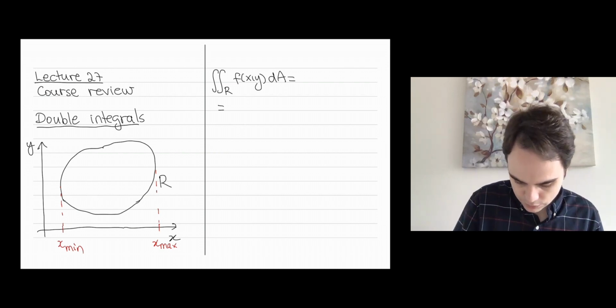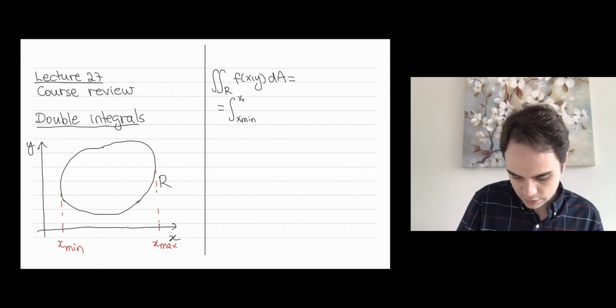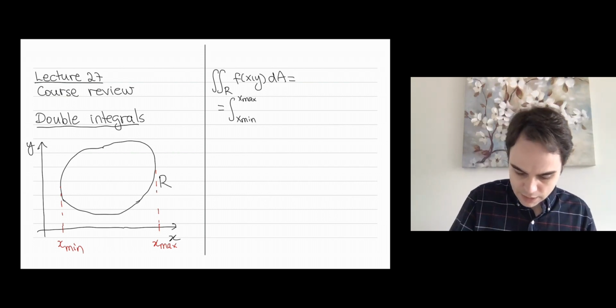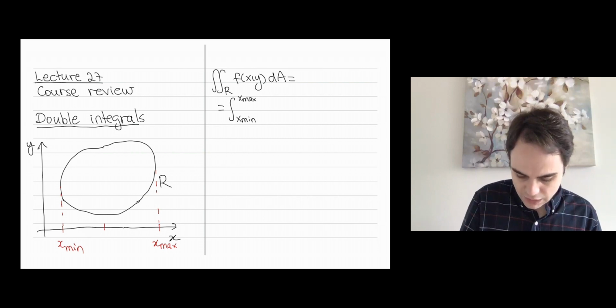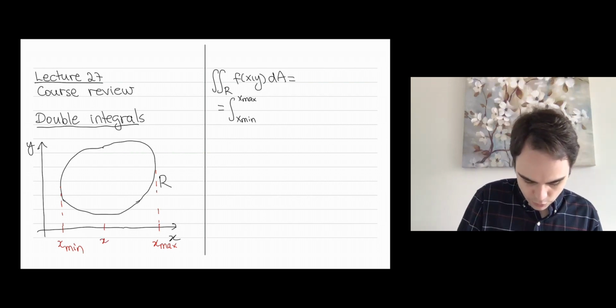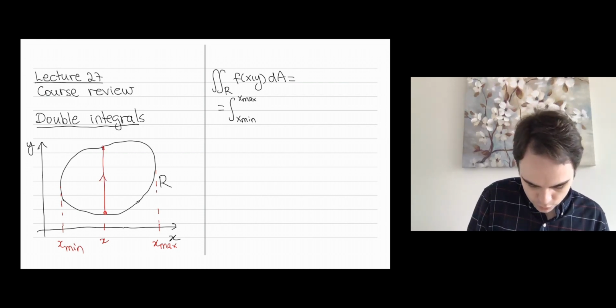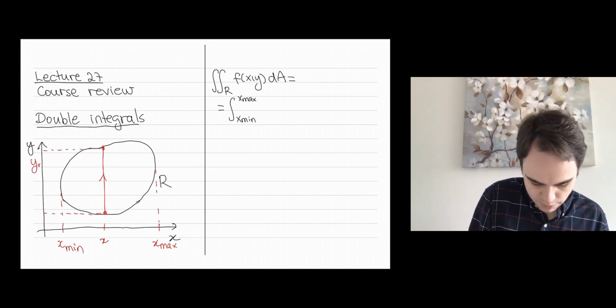And then we do an iterated integral with respect to dx from this minimum value to this maximum value of x. And then for each intermediate value of x, we do a vertical integral going up with respect to y, which goes from a certain minimum value of y to a maximum value of y. But these minimum and maximum values depend on the x that you fixed.